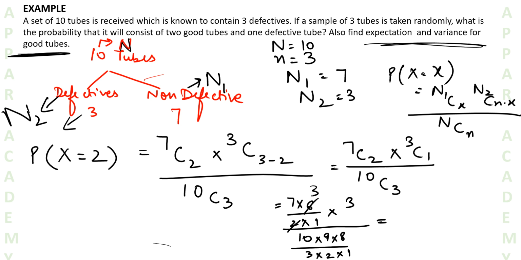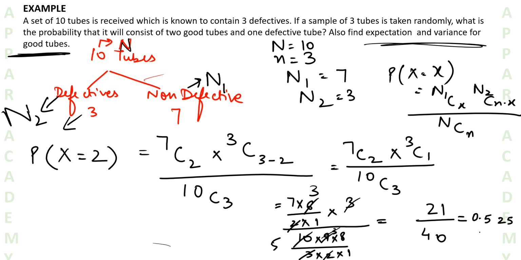The 3s cancel out and so on, so this becomes simply 21 by 40, which is equal to 0.525, because 21 by 4 is 5.25. So this is a simple way of calculating the probabilities.